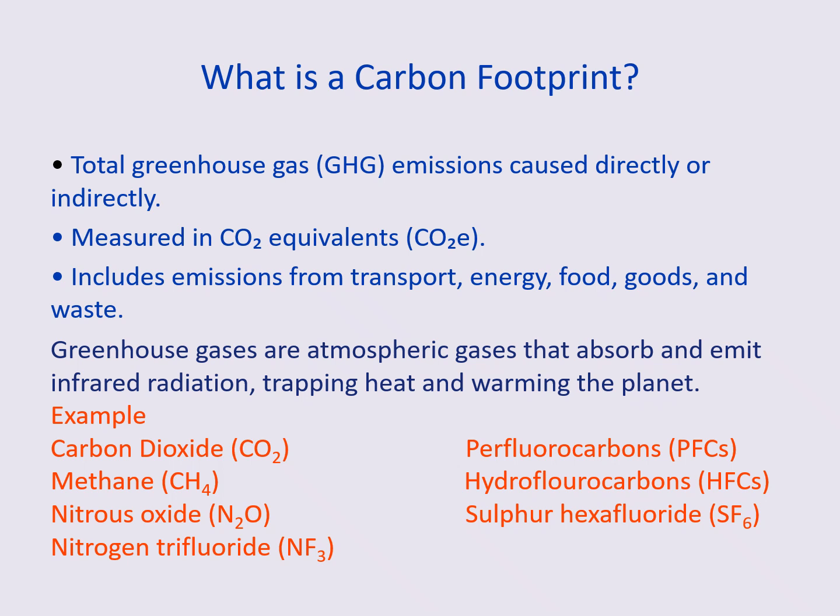Greenhouse gases are atmospheric gases that absorb and emit infrared radiation, trapping heat and warming the planet. So what is a greenhouse gas? One which absorbs the IR radiation and traps the heat, then we call that a greenhouse gas.